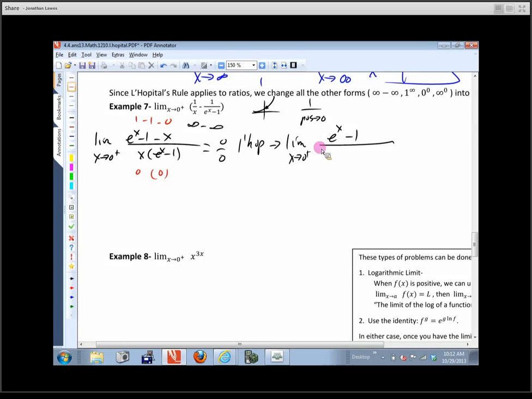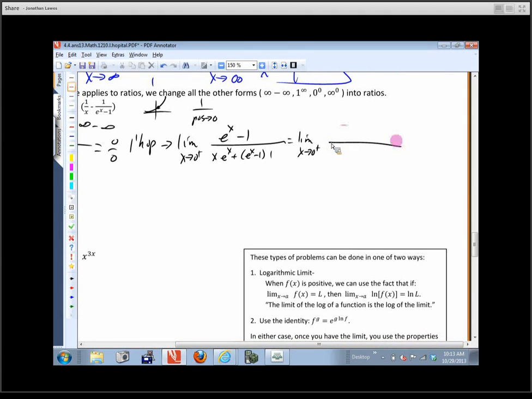You can't really get away from that. So I'm going to do the first times the derivative of the second plus the second times the derivative of the first, which is 1. We'll go through and do a little bit of simplification. And let's see what we get here. e to the x minus 1 over x e to the x plus e to the x minus 1.